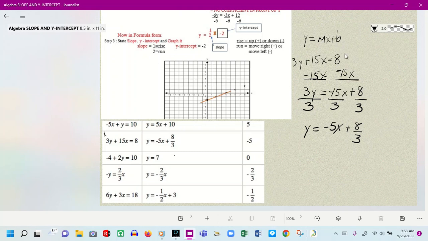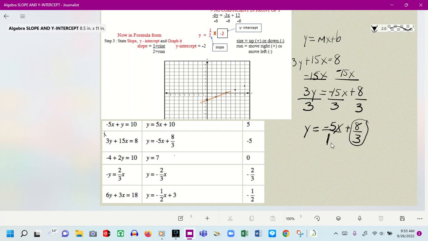With that being said, let's plot our y-intercept and let's follow our slope. Our slope is a rise over 1. We have our rise, and what is the run? Any whole number over 1 is the same.